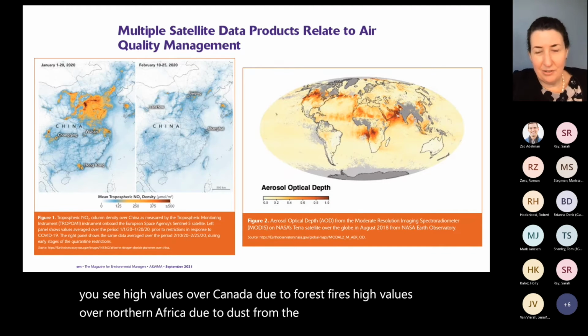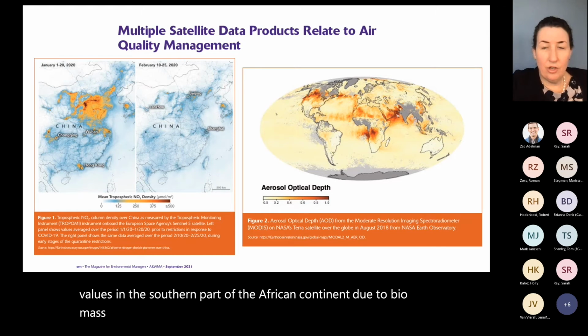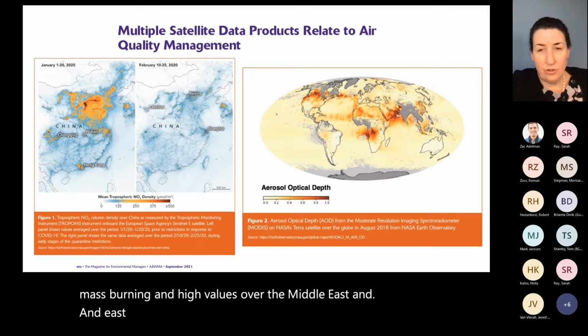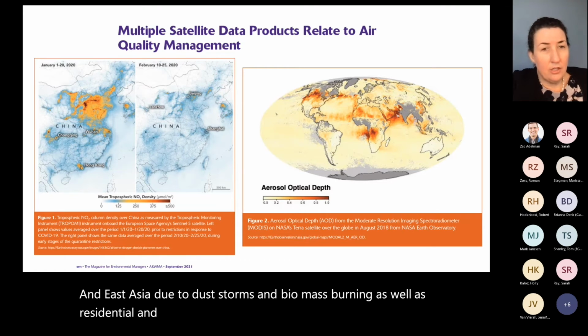You see high values in the southern part of the African continent due to biomass burning, and high values over the Middle East and East Asia due to dust storms and biomass burning, as well as residential and urban fuel use. So there are different products that fit together in different ways.